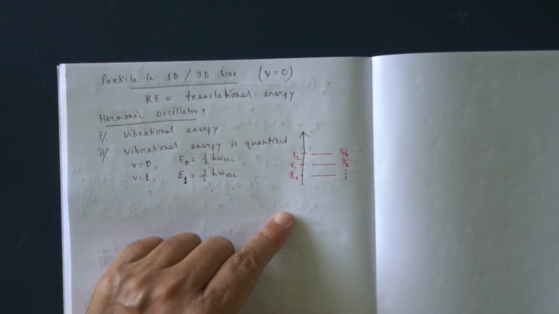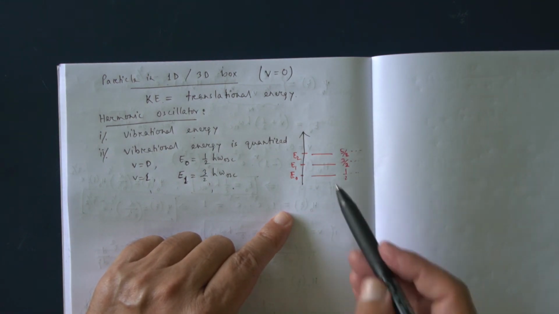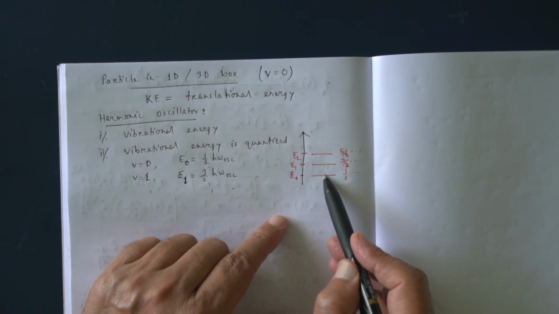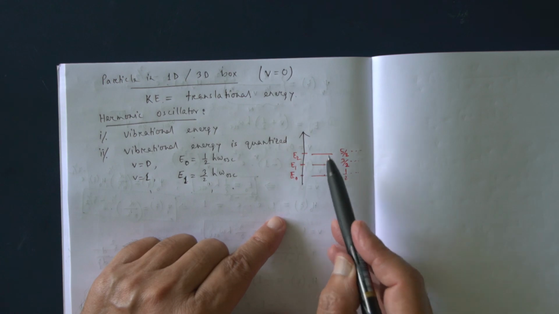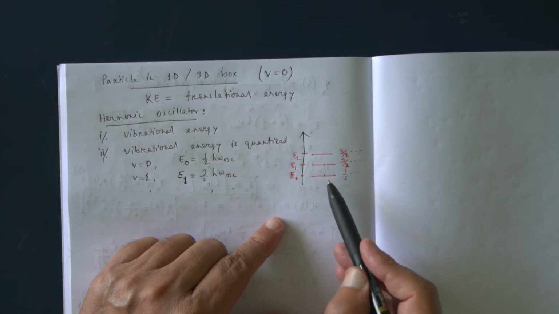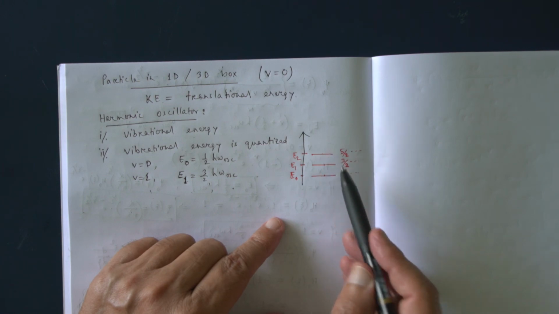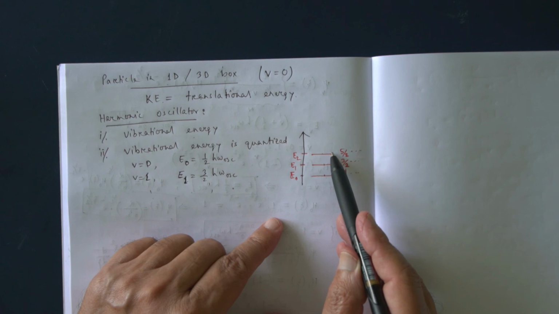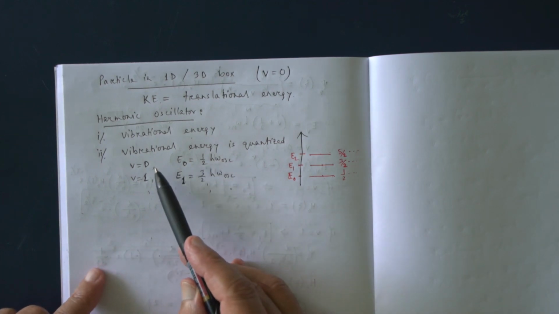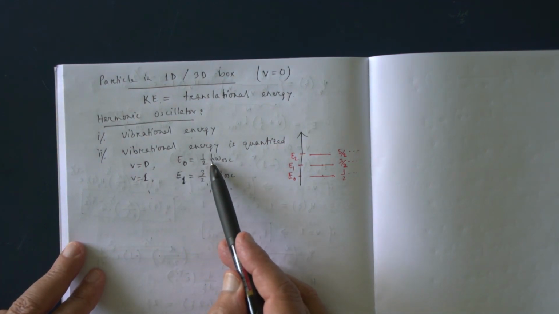So vibrational energy is quantized. That means the particle can have this much vibrational energy, or this much, or this much, but in between, no. So these are the vibrational levels. Now, v may be zero, but vibrational energy cannot be zero.